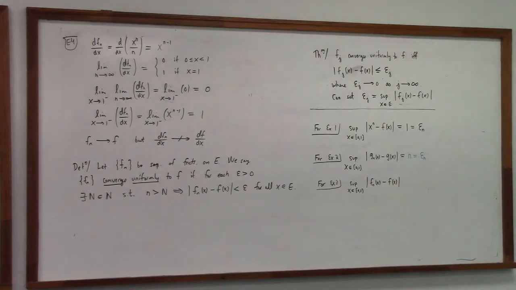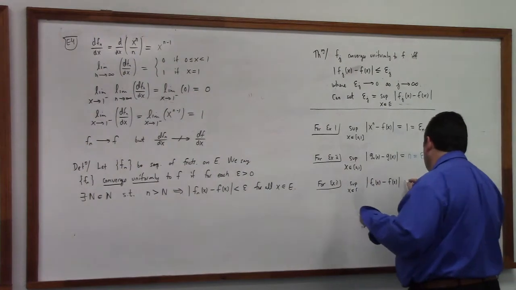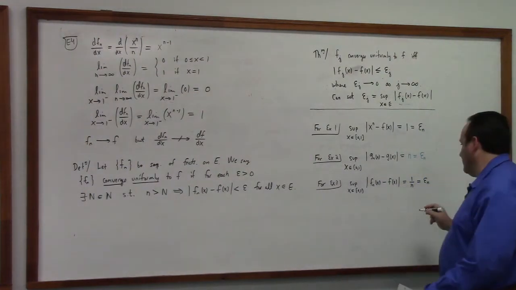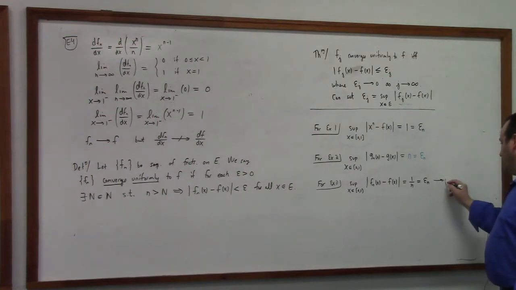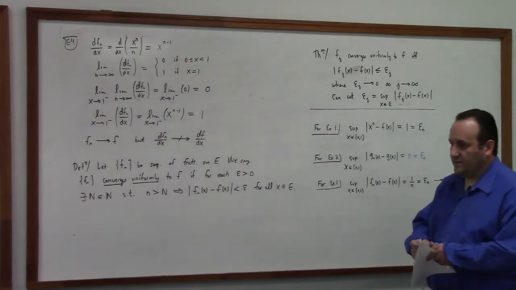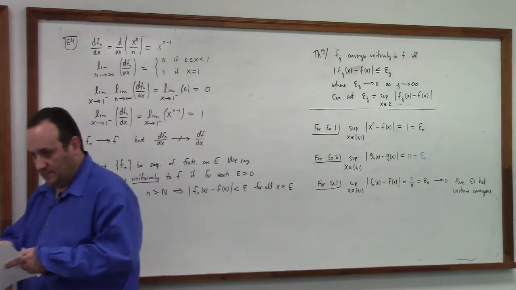Well, if you look at it, the largest the difference is actually 1 over n. So that's the worst case estimator in this case, which of course goes to 0. Thus, example 3 had uniform convergence. In other words, the sequence that we examined in example 3 was a uniformly convergent sequence of functions.